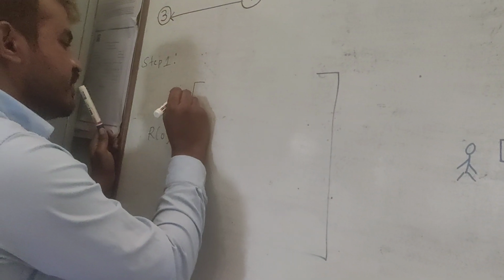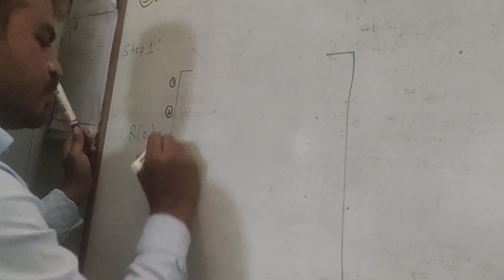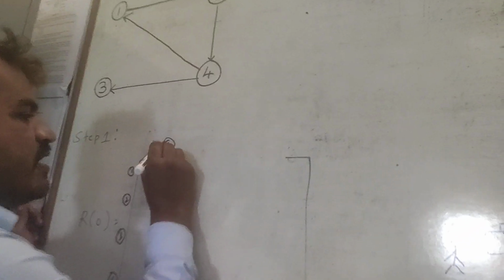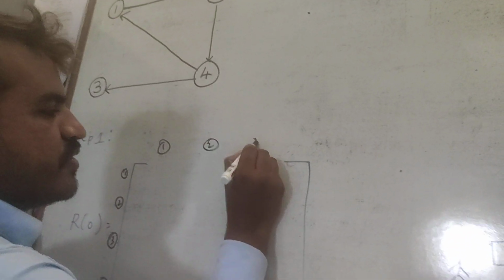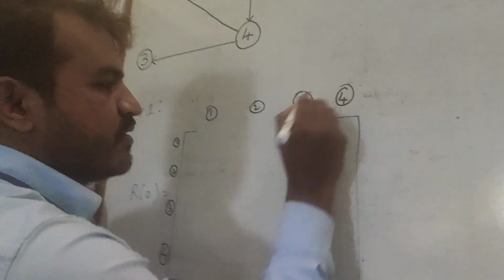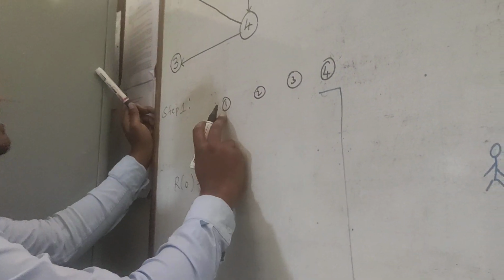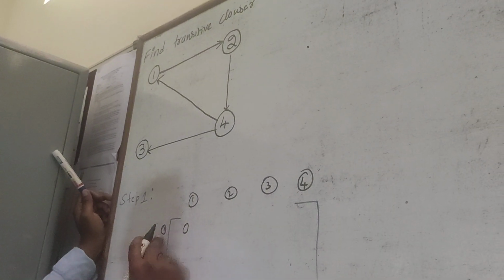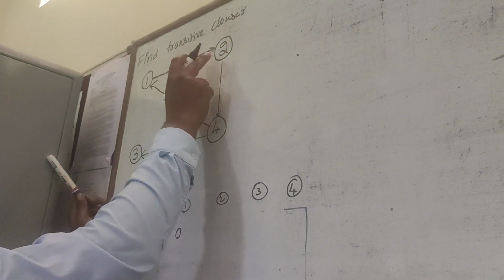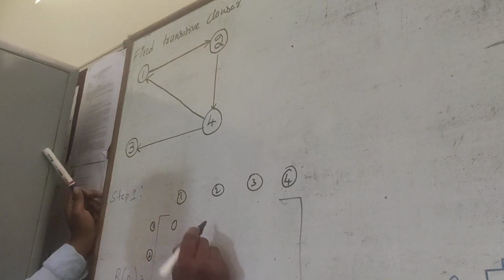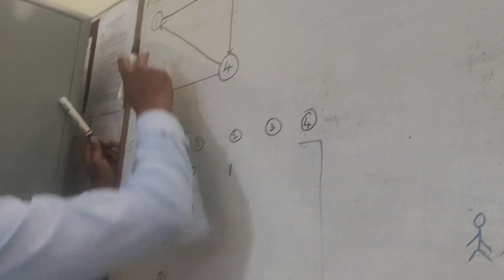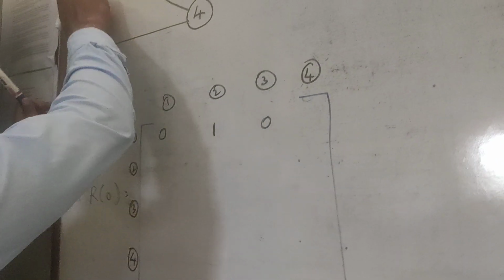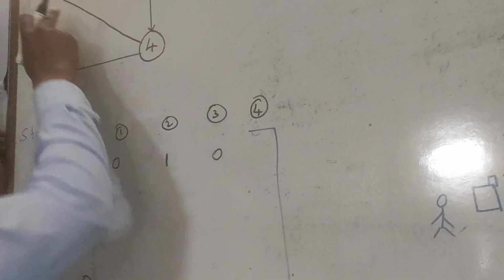What are the nodes? 1, 2, 3, 4 along the rows and 1, 2, 3, 4 along the columns. From 1 to 1, there is no loop, so it is 0. From 1 to 2, there is an edge, so you make it 1. From 1 to 3, there is no edge, 0. From 1 to 4, there is no edge.